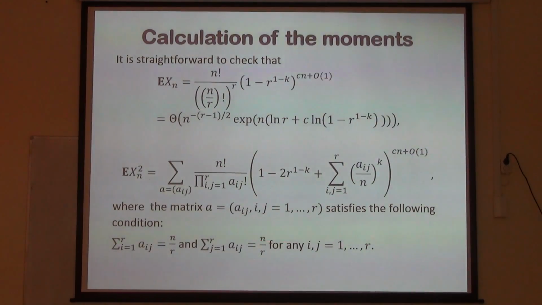Which means that, if we have two fixed colorings, then we consider the following parameterization, because we have a matrix A consisting of elements Aij, where Aij is the number of vertices such that the first coloring has color i on them, and these vertices have color j in the second coloring.